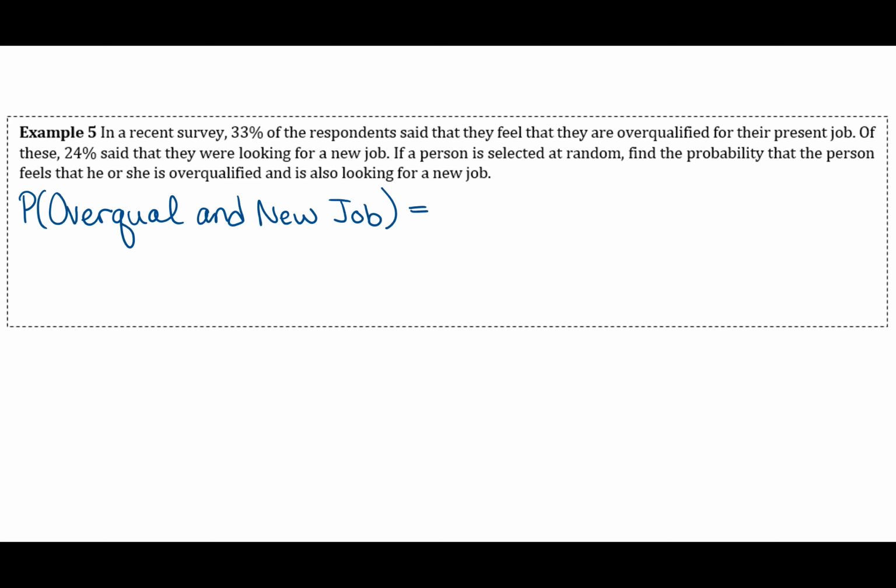So according to the formula, this is going to be the probability that they feel overqualified, multiplied by the probability that they're looking for a new job, given that they feel overqualified. Both of those pieces of info should be given to you in the problem. You shouldn't have to figure out either of those. So what's the probability that they feel overqualified?